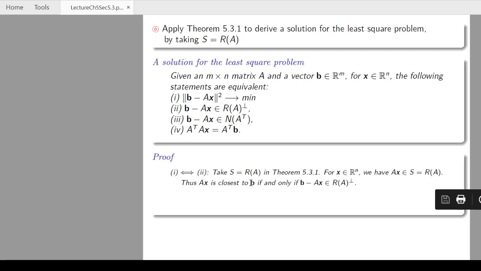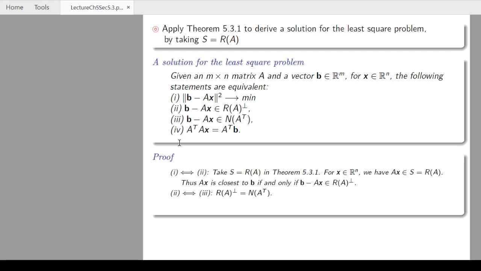In the theorem, the second part, we pick Q equal to Ax. So the condition in the theorem is B minus Q belongs to the orthogonal complement of S, and now S equals Ra. That's why statements 1 and 2 are equivalent.